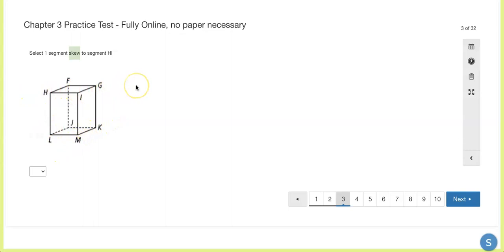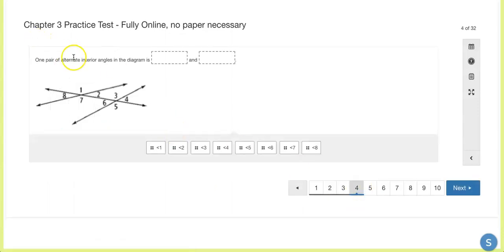They never get close enough to touch. So KM would work, so would JL. And then there are some more as well, like FJ would work. It passes behind HI, and so would JK. So I'm going to go with one of the first ones I said. I'm going to go with KM or MK. That's this one. Multiple correct answers for number 3.